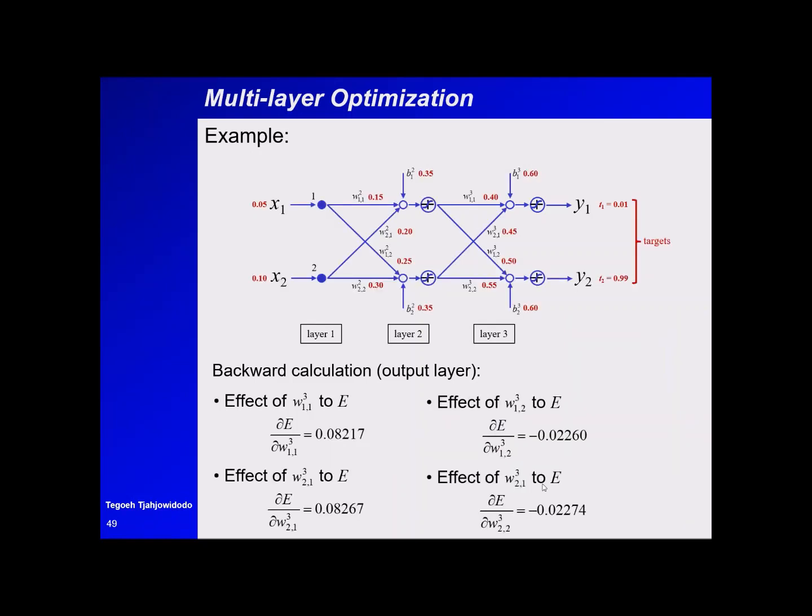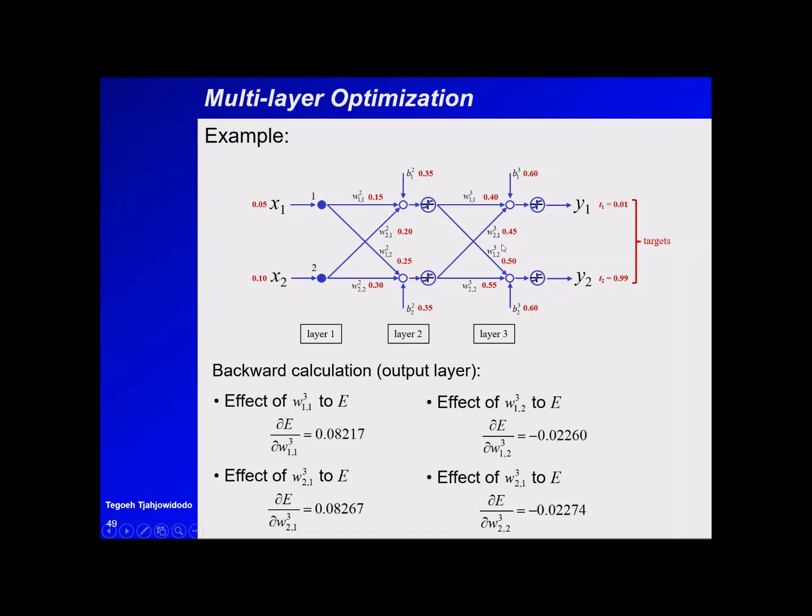Now we have to do it again for W213, W123, and W223. Luckily, again, for W213, let's say, it only contributes to the first output. So the effect on the second output with respect to W213 is 0.